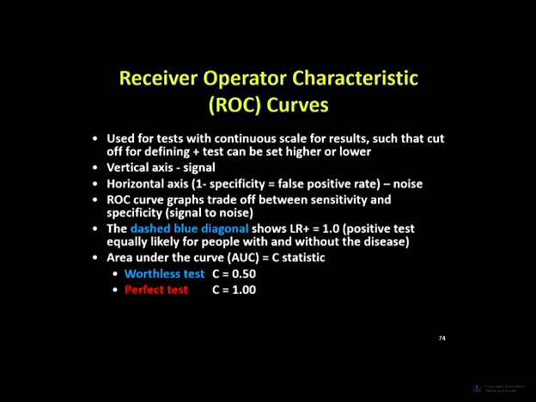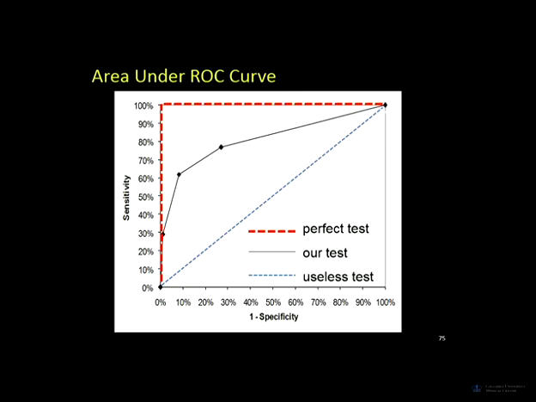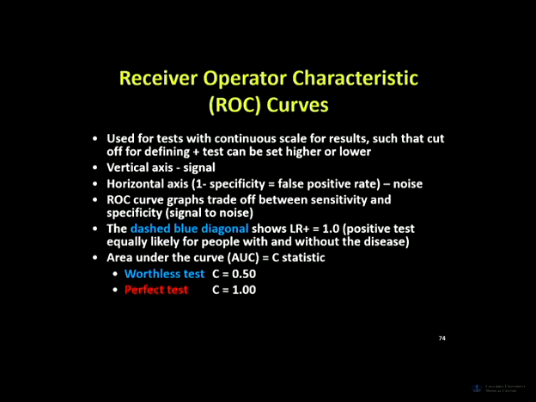And what we just saw a drawing of is also called an ROC curve, receiver operating curve. And it can basically be interpreted as a signal to noise ratio. The dashed blue diagonal line in the ROC curve is the likelihood ratio of 1. Positive tests are equally likely for people with and without the disease.